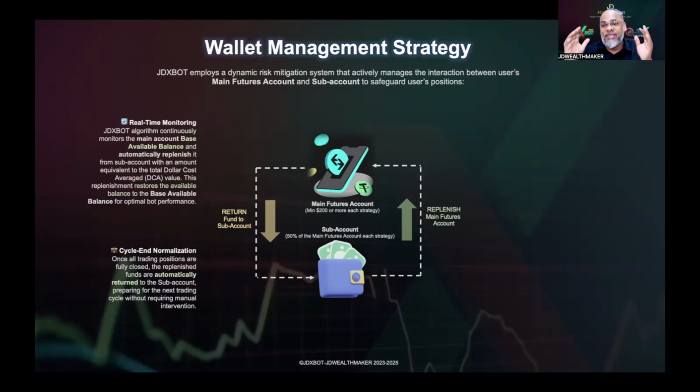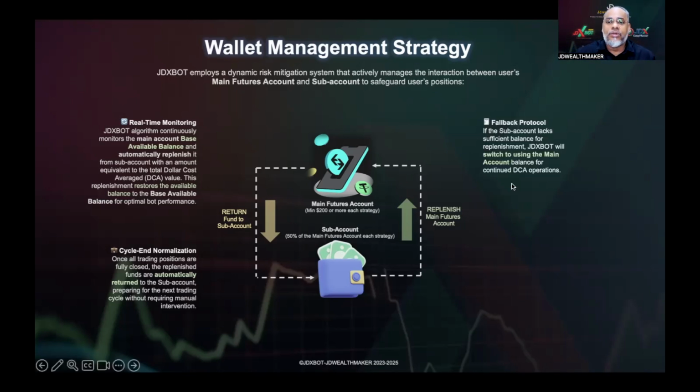So this is a brilliant, intelligent system or algorithm that has been put in place, and this mechanism will continuously work flawlessly to make sure that the main account balance is always maintained at the base available balance, while the replenishment takes place effortlessly. It is done automatically. Isn't that awesome, right?